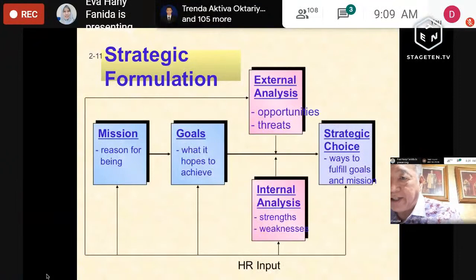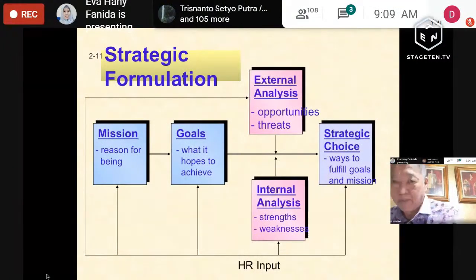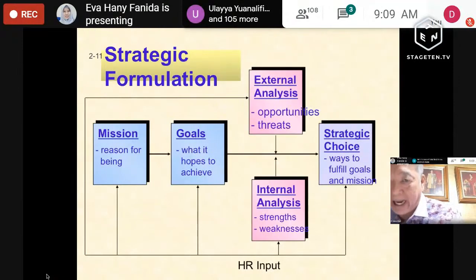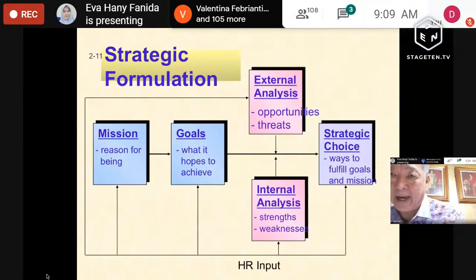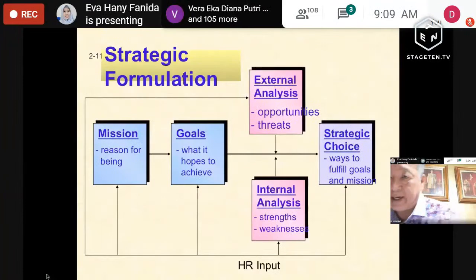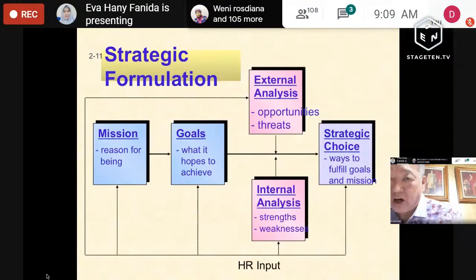So the first element, you can see, is mission. Mission means the reason for being, what you are doing right now. What kind of business? What kind of function are you doing right now? This is about the company or organization, not HR, but the whole company or organization.